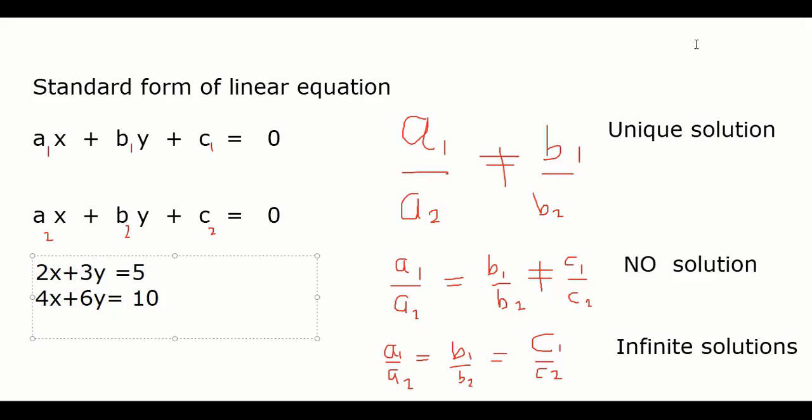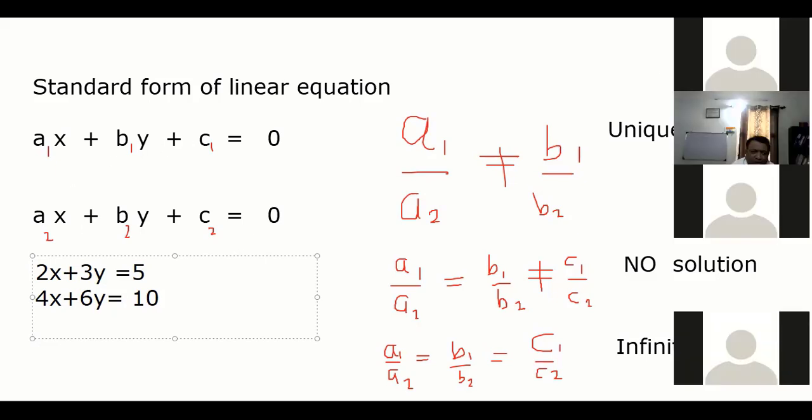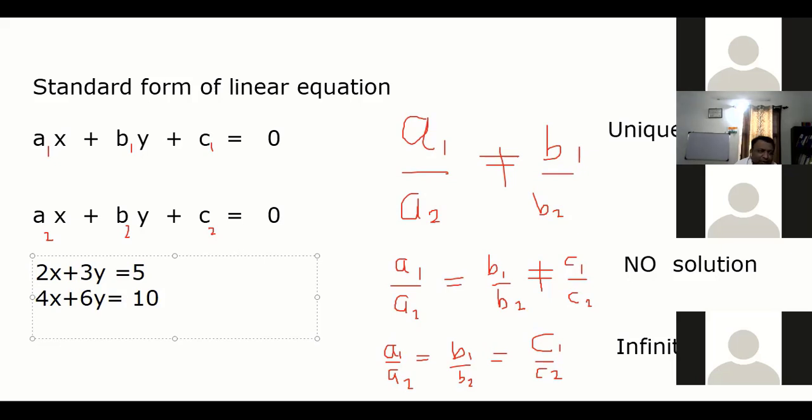Slesha, I haven't asked about the solution yet. Explain to everybody what you mean by a consistent and inconsistent system in terms of how the lines will look. Consistency means the unique solution case where A1 upon A2 is not equal to B1 upon B2, and for no solution, A1 upon A2 equal to B1 upon B2 not equal to C1 upon C2, which is inconsistent.